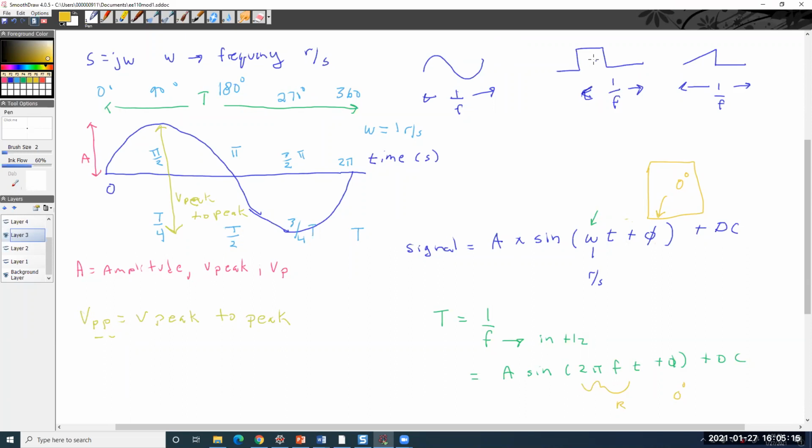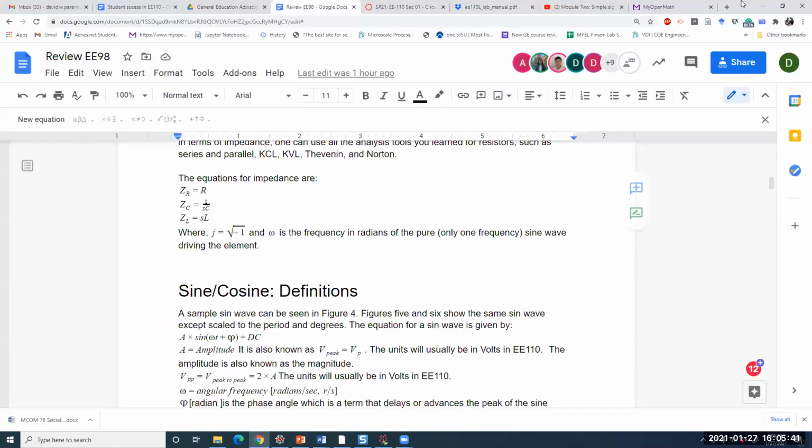We're going to find out that these waveforms are made up of an infinite sum of sines and cosines. I was just telling you these are not pure sine waves. Did I answer your question? Yes, you did. Okay.